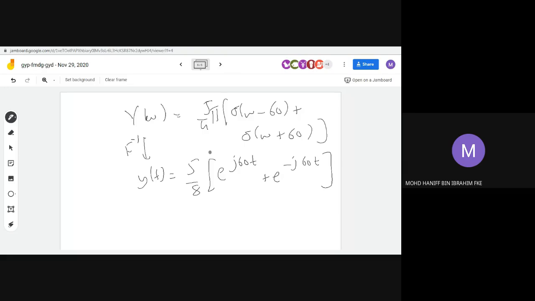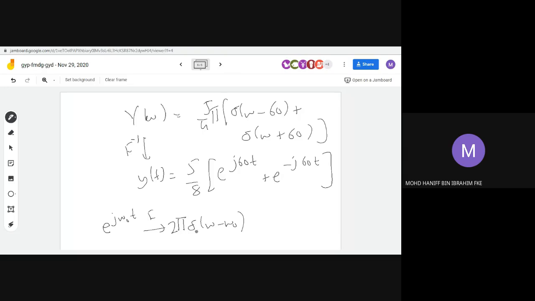Again, I advise you to refer back to this table. If we refer to the table, I need to write this for you: the transform of exponential of j omega naught t will give us 2 pi delta of omega minus omega naught. This is based on the table.